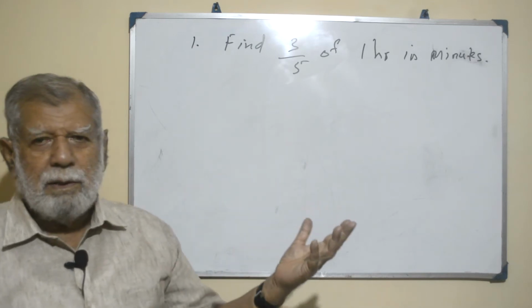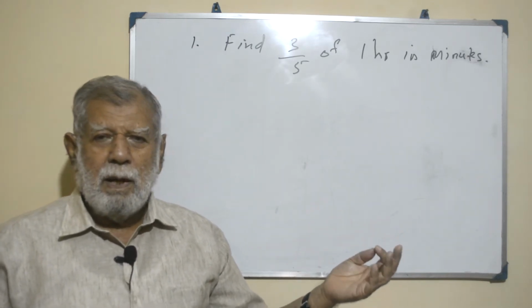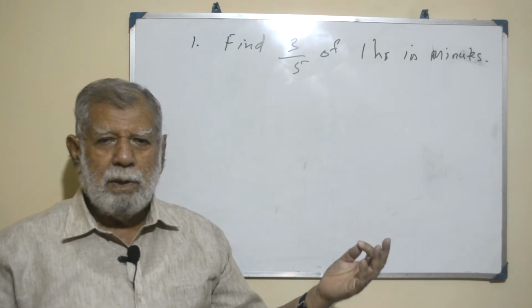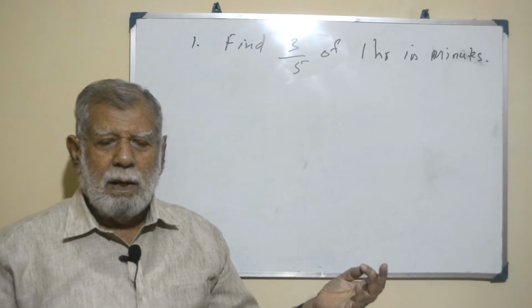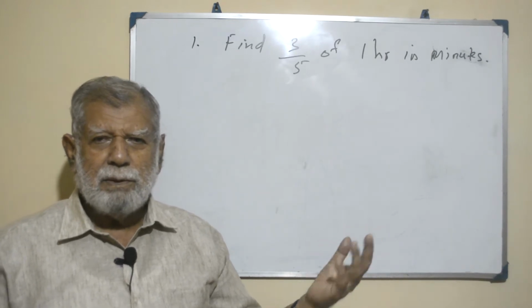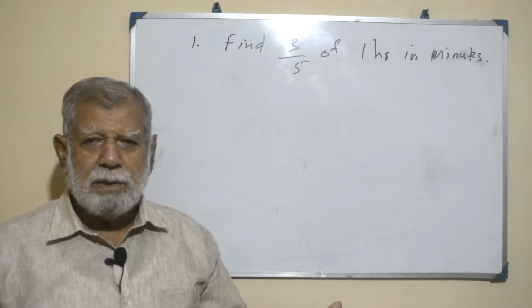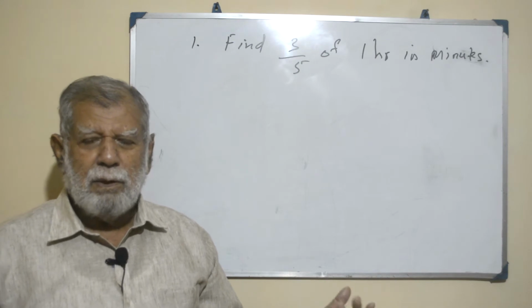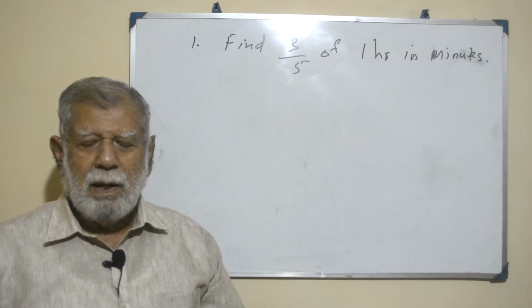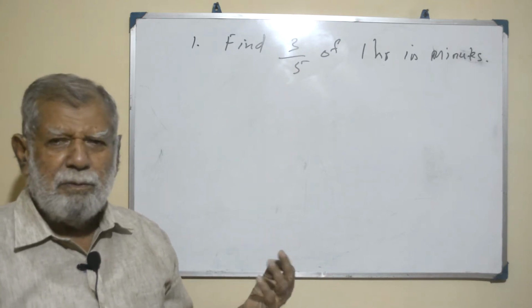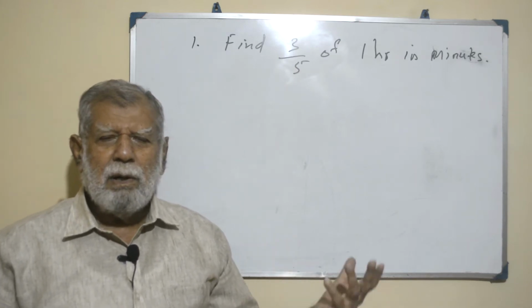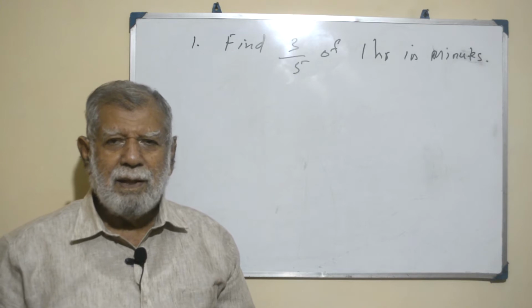Then we have this metric system. You have the kilograms, the length table, that is 10 millimeters 1 centimeter, 100 centimeters 1 meter, 1000 meters 1 kilometer, like that. So this is called the metric system. Metric system is very easy because you get all 10, 100 and 1000.